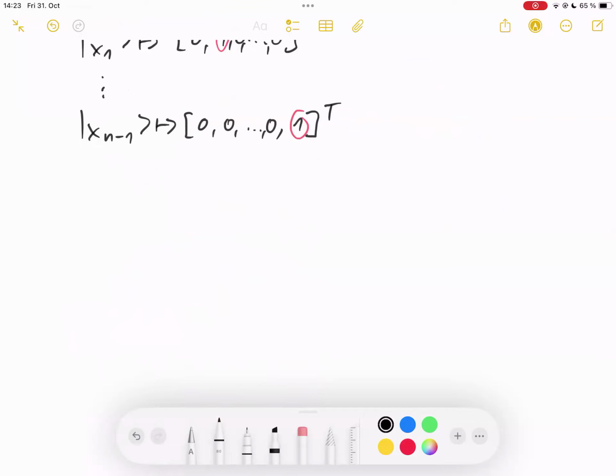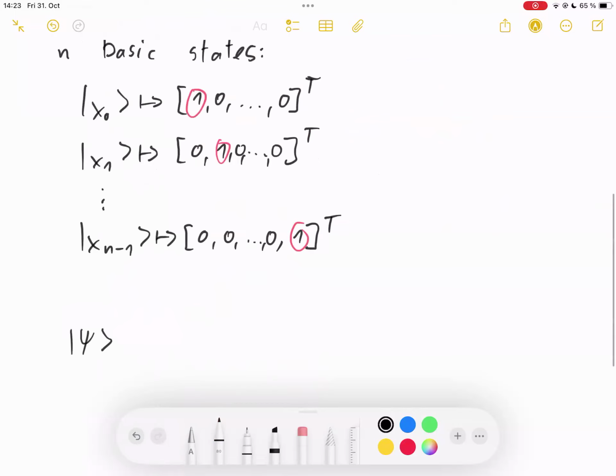So we will have our state, and our state is often now called a psi ket. We use a Greek symbol, and the psi ket is eventually a linear combination of our basic states as well as the complex entries.